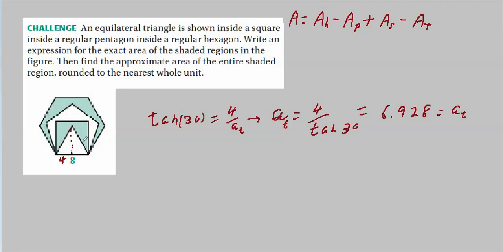This square, well, here's one side here, and it's a square, so every other side is 8. Again, they say it's a regular pentagon. This side is 8, so every side on the pentagon is 8, and same for the hexagon. So these are all regular polygons with side equal to 8. That's kind of important too.